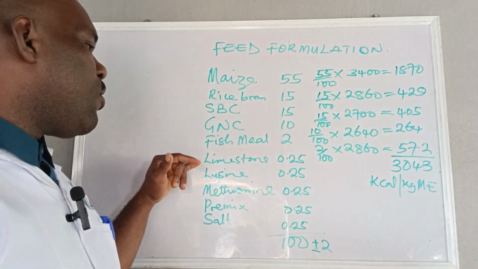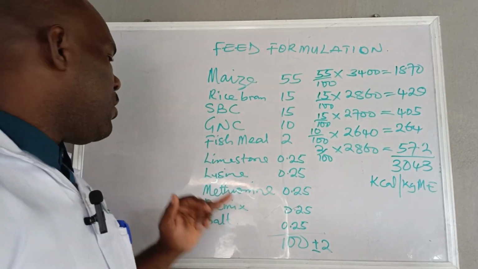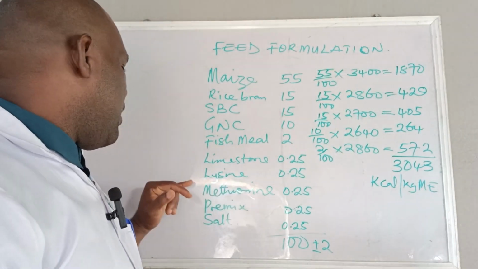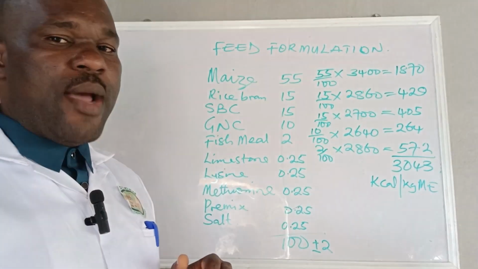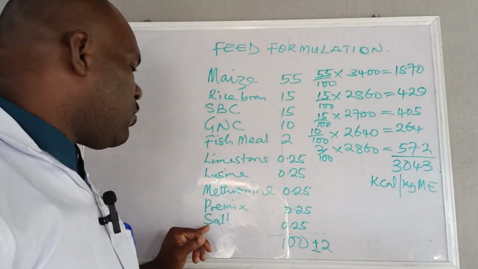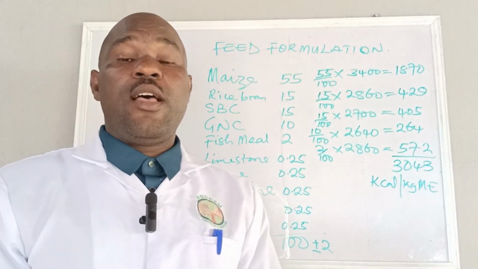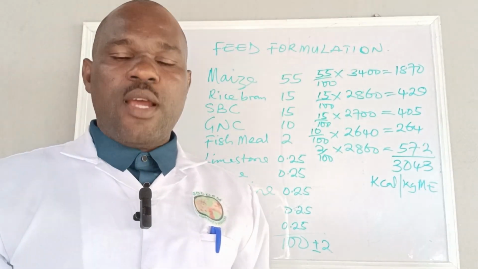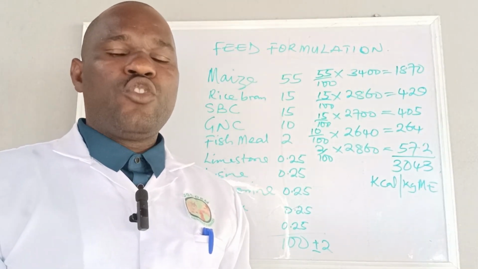Of course, limestone is a calcium source. Lysine is a limiting amino acid. Methionine is a limiting amino acid. Premix is multivitamin. And salt, of course, is a mineral source. In your salt, you can choose to use industrial salt or refined salt.